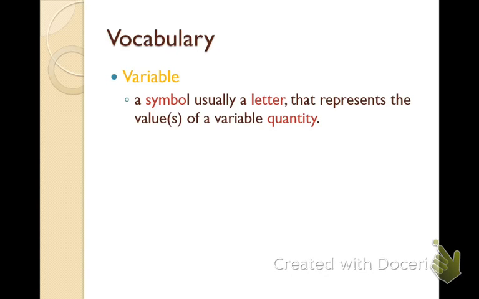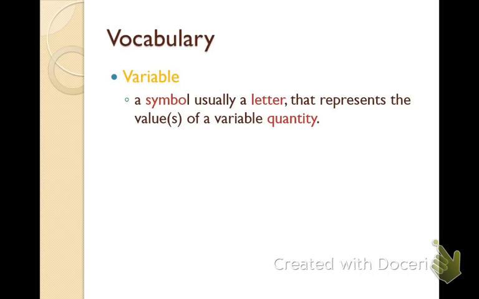Okay, so some vocabulary for you. Number one is a variable. What in the world is a variable? Why do we use it? A variable is simply a symbol, and it's usually a letter. It doesn't have to be a letter, by the way, but it usually is.